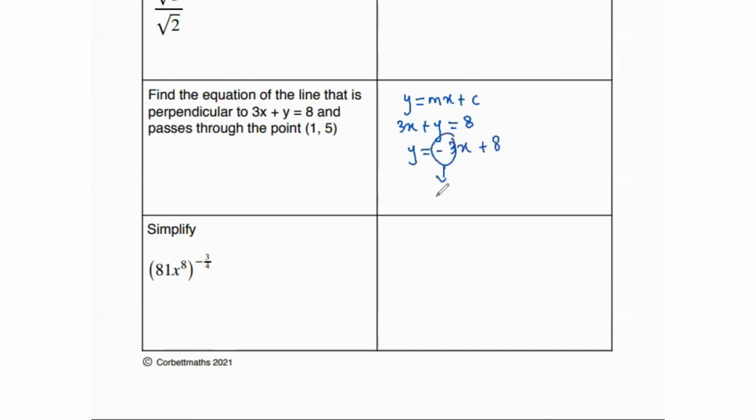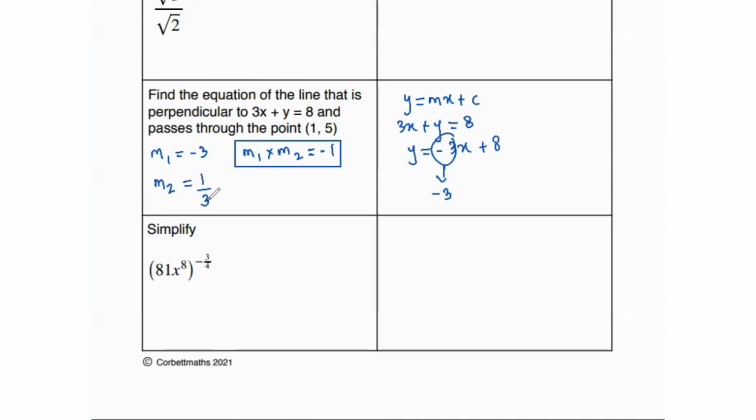The gradient is −3 for this line. Since they're perpendicular, if m1 is −3, m2 would be 1/3, because m1 times m2 is equal to −1. This is the condition for perpendicular lines, and this is how you find the gradient for perpendicular lines when you have the gradient of the other line.